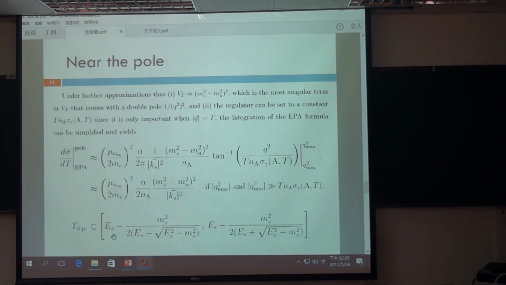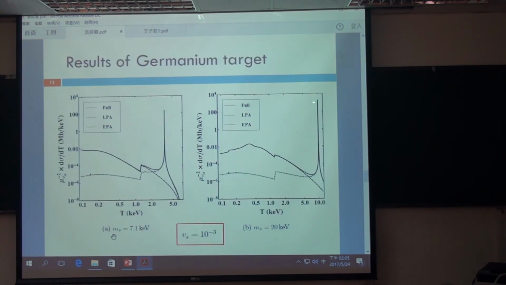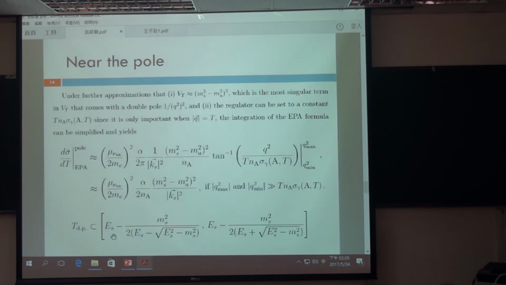So we can do a quick analysis with EPA because it is due to the real photon limit. We can quickly get a very simple form for the value of this enhancement region and also its boundary. You can see that the enhancement value is proportional to the inverse of the momentum squared, and the region is about proportional to the momentum.